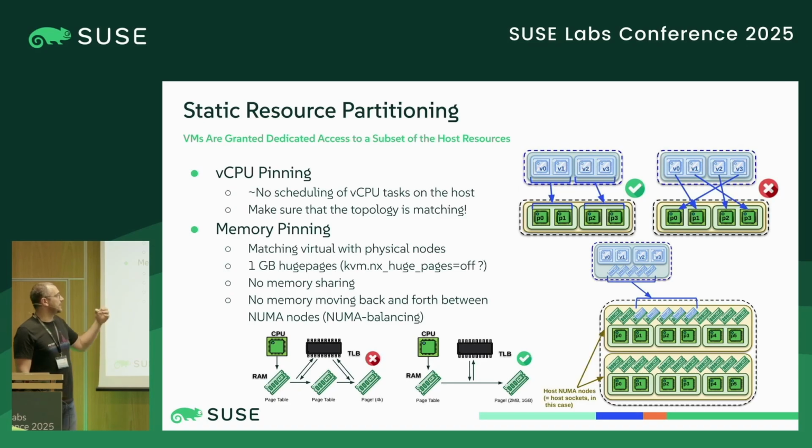So what I was saying about topologies is that, as you may know, the Linux kernel itself, no matter whether it's on bare metal or in a VM, has some tricks to deal with the topology, because hardware has topology too, of course.